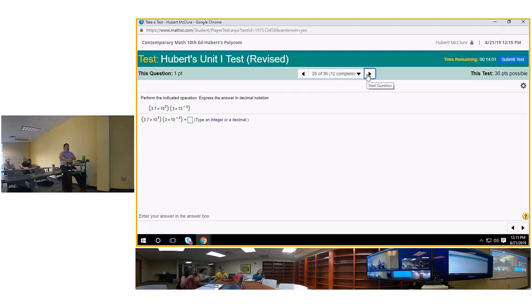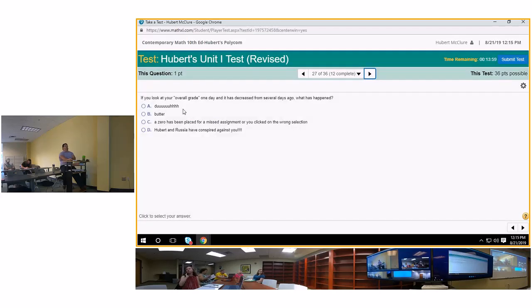Math, math, math. If you look at your overall grade one day and it has decreased from several days ago, what has happened? D, I will take D, but C is the answer.